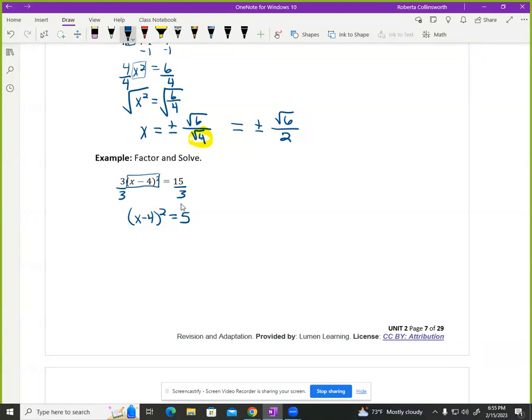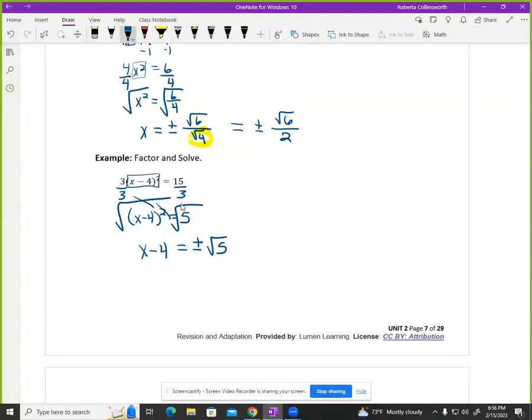Once I got that squared part isolated, now I follow my same rule that says take the square root of both sides. The square root of this means that that's going to cancel. So I have x minus 4 left on the left side equals plus or minus the square root of 5.